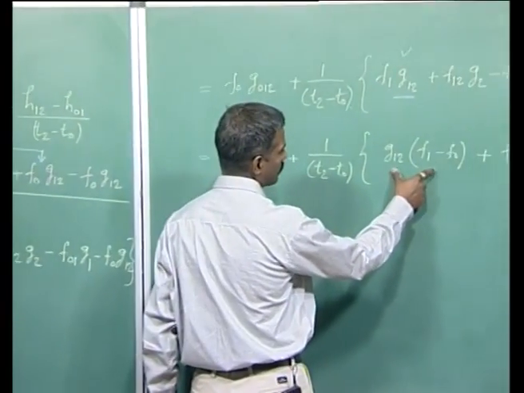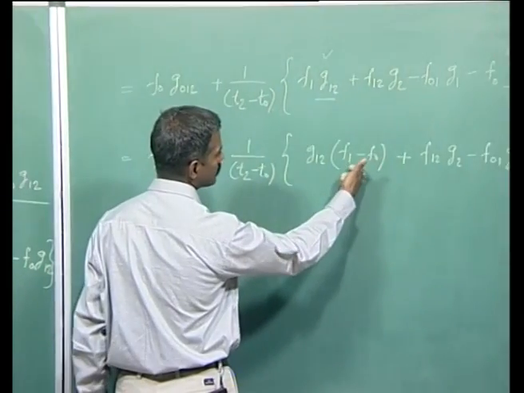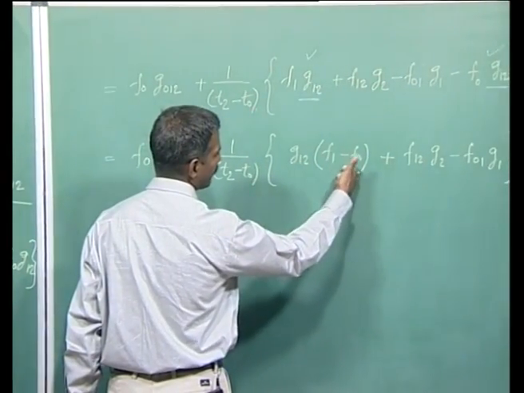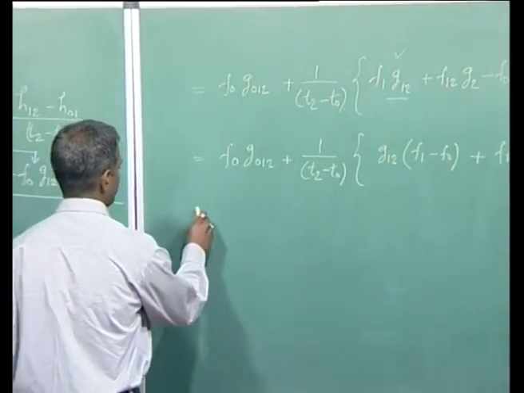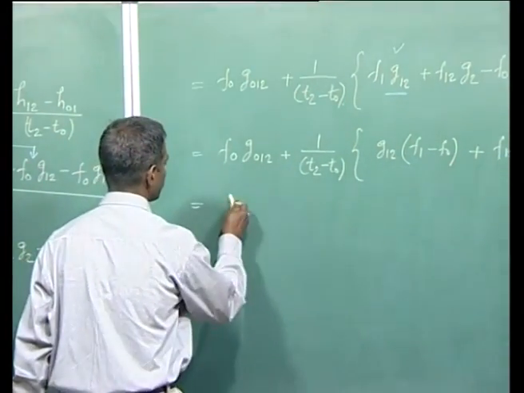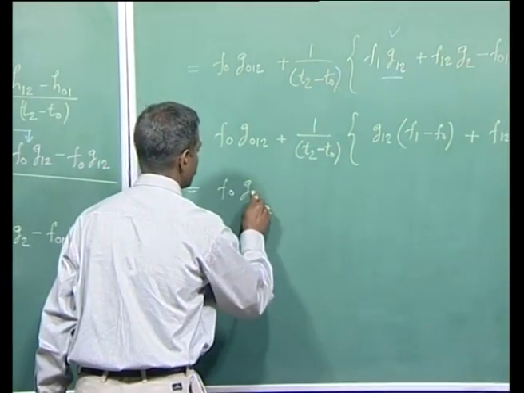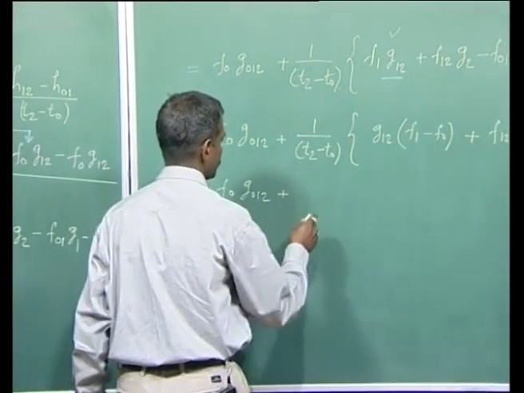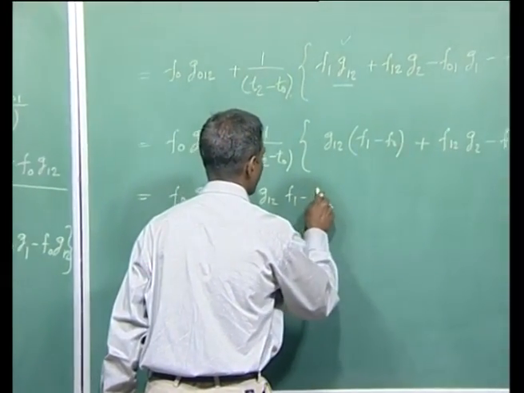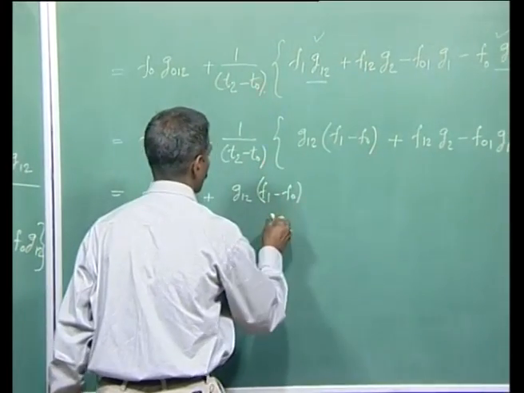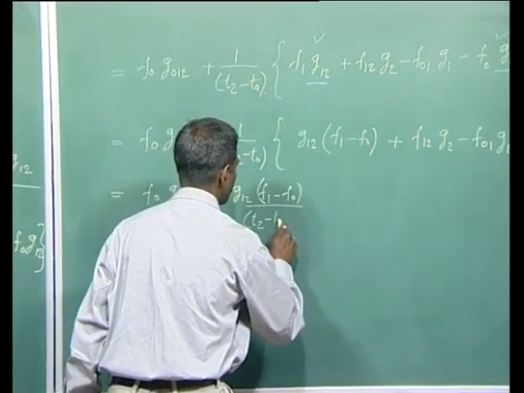Now, if I notice this expression, I can see the first divided difference in F getting filtered out. So this expression becomes F0 G012 plus G12 times F1 minus F0 over T2 minus T0.